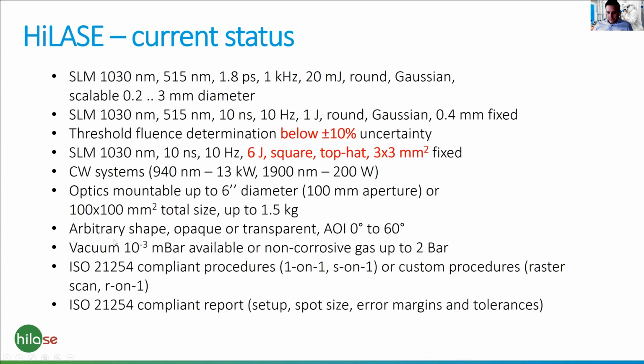We can even offer testing in vacuum or non-corrosive gas presence up to 2 bar. And indeed, we are offering ISO compliant procedure or custom procedures and providing an ISO compliant report from the test.